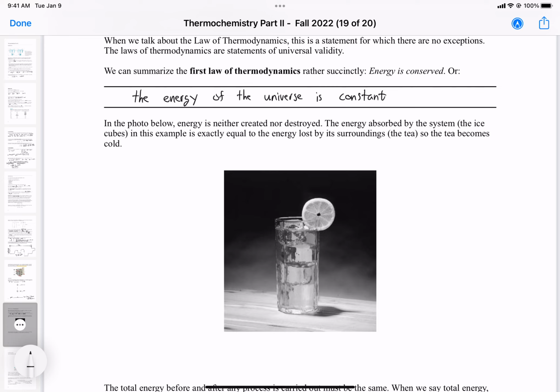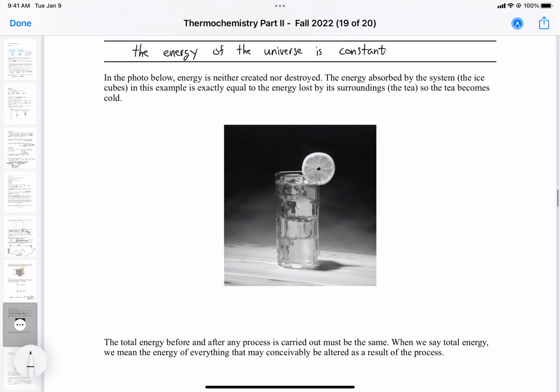The energy absorbed by the system, the ice cubes, because they are at a lower temperature than the water, or the tea, is going to be exactly equal to the energy lost by its surroundings, the tea. So the tea becomes cold, right? The ice absorbs the heat, eventually it melts, and then eventually the tea will warm up.